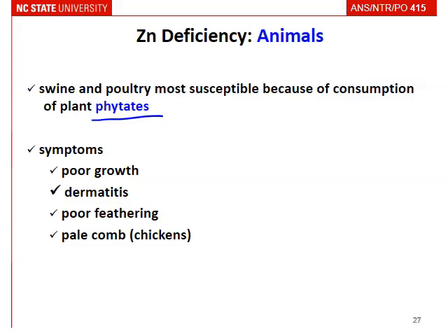So when you encounter zinc deficiency in animals, symptoms typically include poor growth, dermatitis, so you get a rash again, poor feathering, and then you'll see, especially in our chickens, they'll have a pale comb.